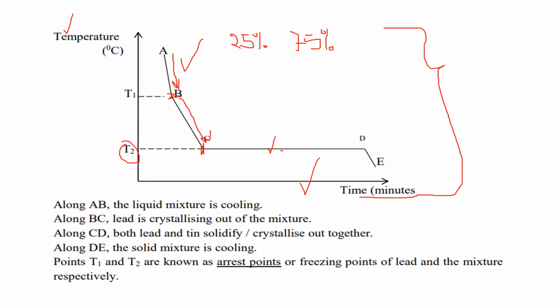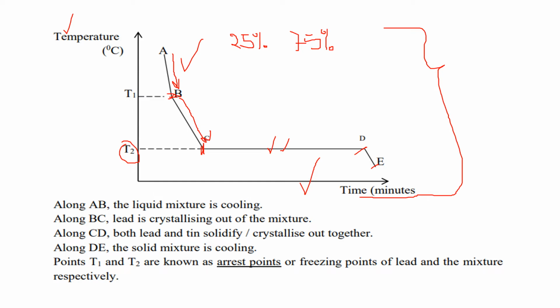So note that temperature. In phase diagrams, this temperature is always called the eutectic temperature. Beyond this, from D to E, there's going to be cooling of our solid mixture. I hope that has been simple to understand.